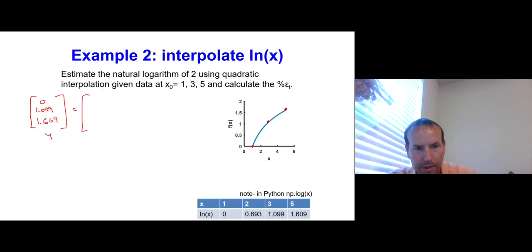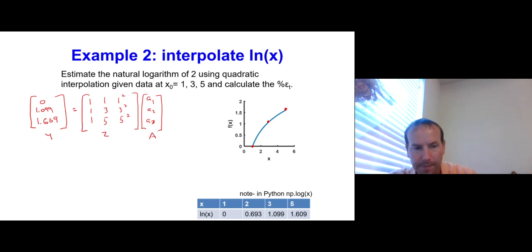Then there's a z matrix that's always 1's in the first column, then x's on the second column, and squares on the third column. That's z, and then a1, a2, a3.